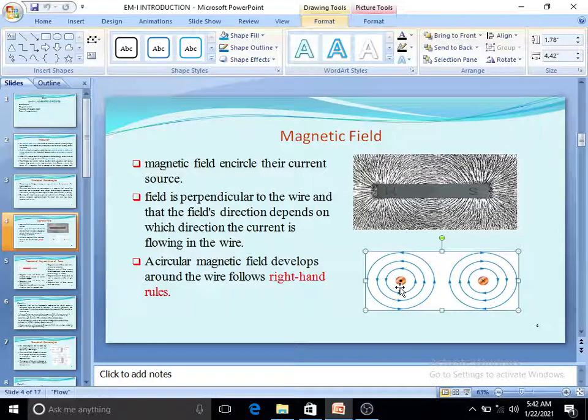The remaining curved fingers indicate the anti-clockwise direction, right? Anti-clockwise direction.